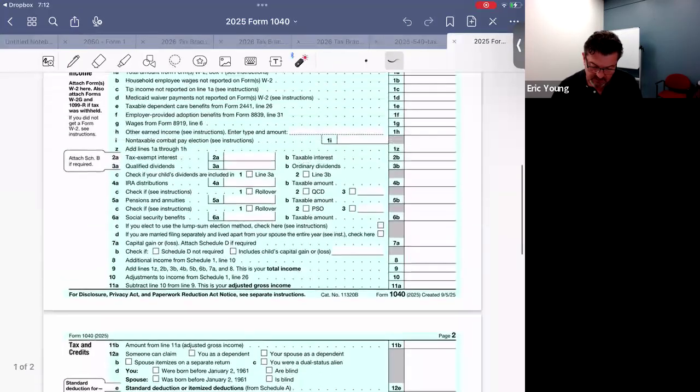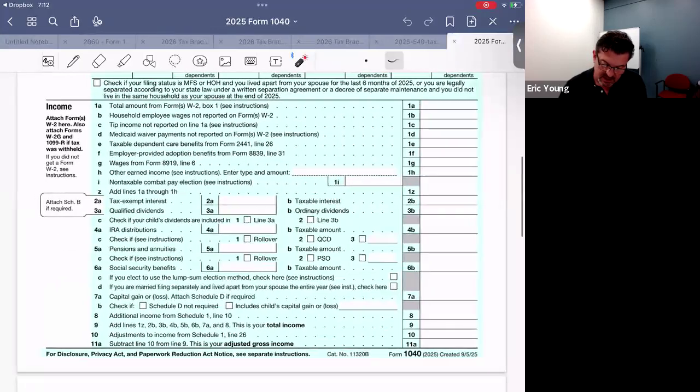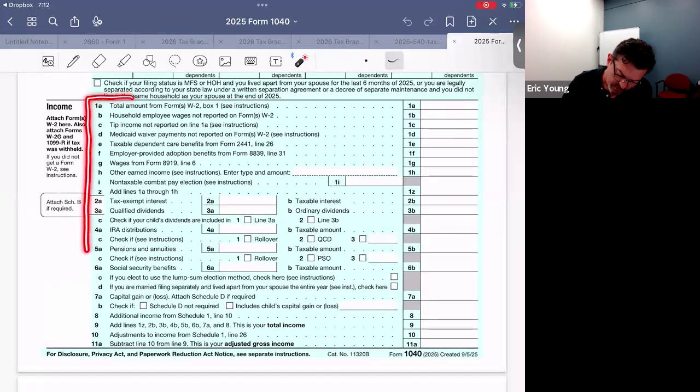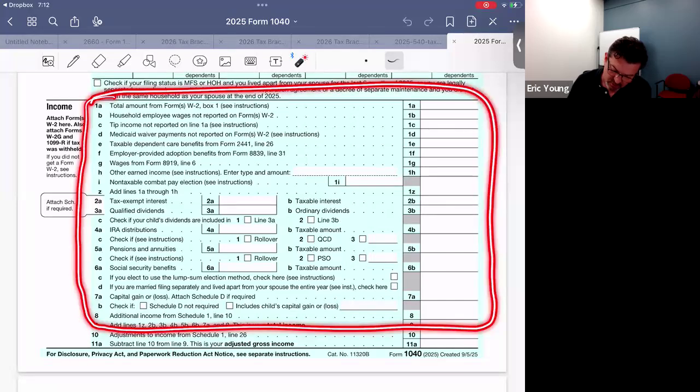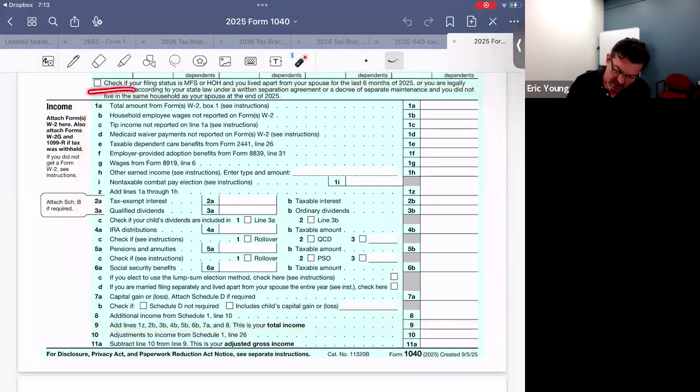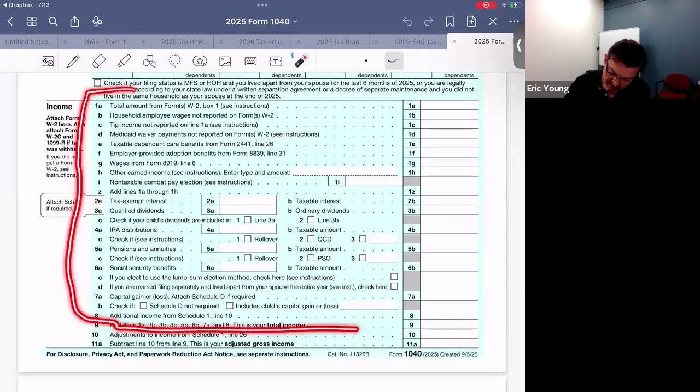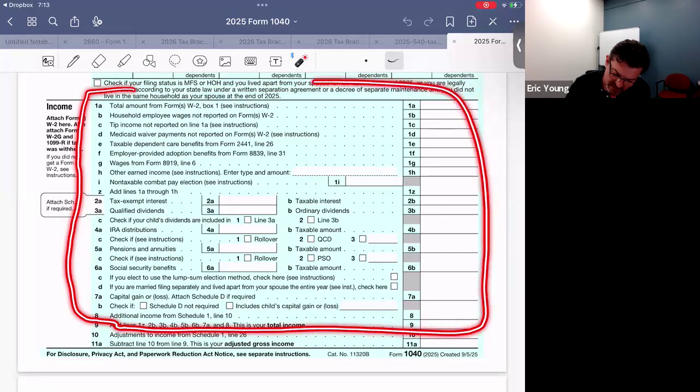Take a look at this. Let's go to the first page. You can see here that lines 1 through 8, adding up to line 9, that's your total income. All of this up here, line 9, is your total income.